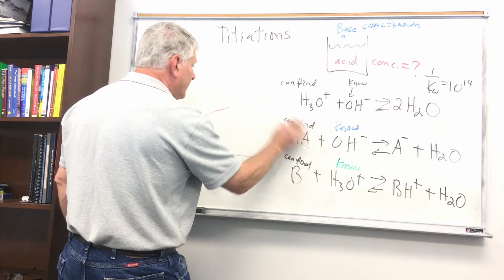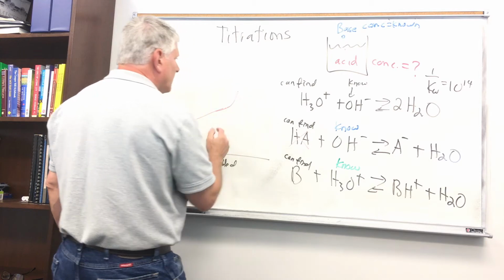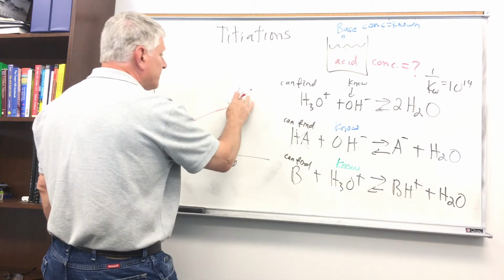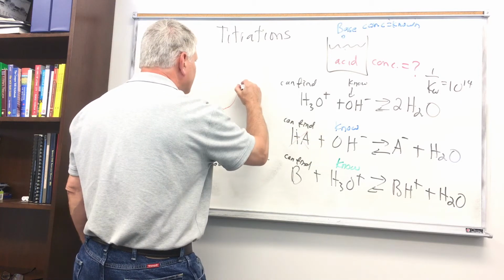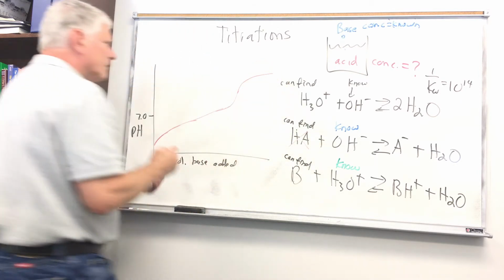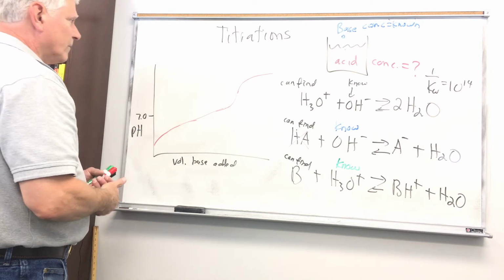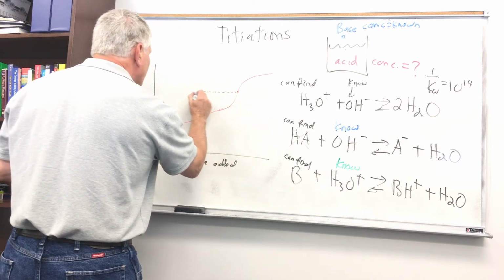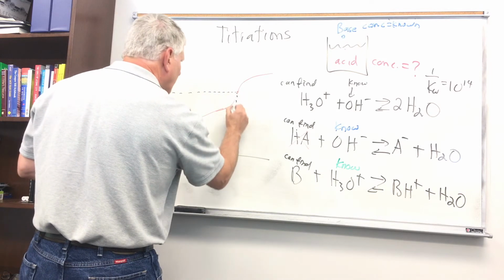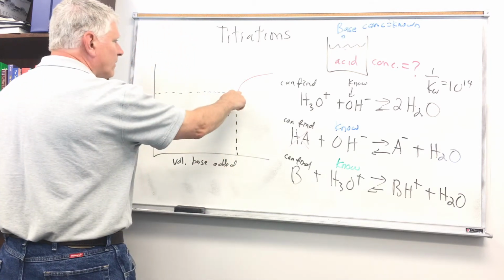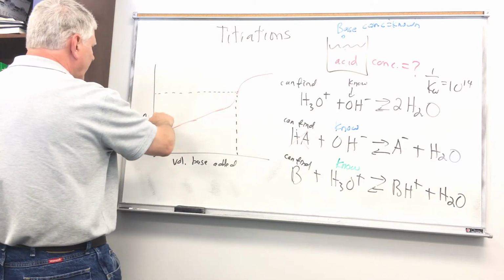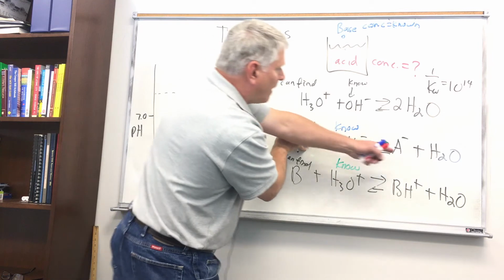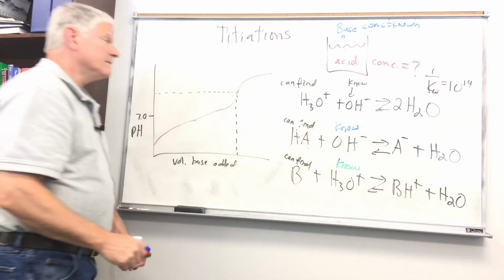And then if we add a little bit more base, the pH rises steeply, and then we keep adding base, and the pH will flatten out a little bit. So now our point at which we've reacted all of the acid is above pH 7 because we have a conjugate basic solution.